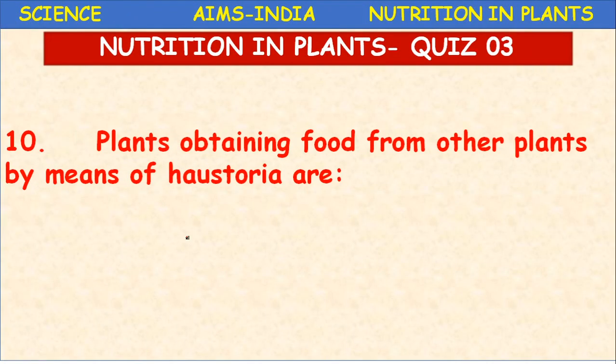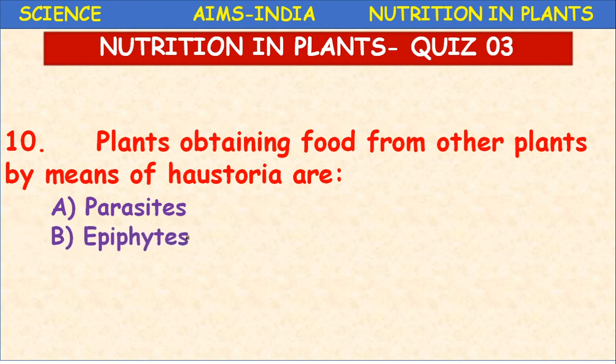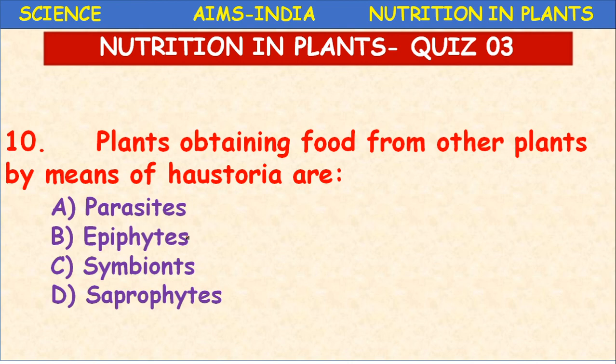Next, the last question of today. The plants obtaining food from other plants by means of haustoria are: parasites, epiphytes, symbionts, saprophytes. Haustoria are special root-like structures which help in absorbing nutrients.